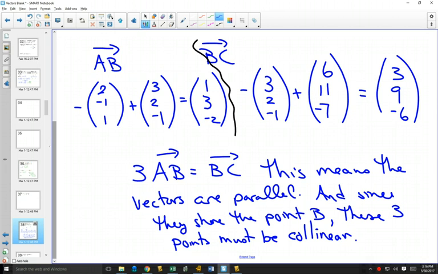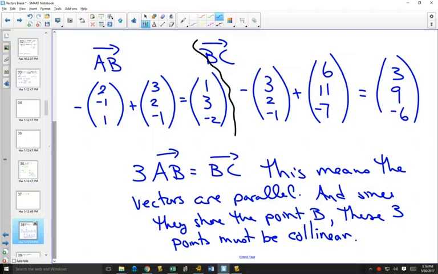Does that make sense? Not only are they parallel, parallel in itself wouldn't be enough to show that they are collinear, but since they share this point B, if you're not changing any direction along the way, then you're still going to have all 3 points in the same line. Does that make sense? Yes.